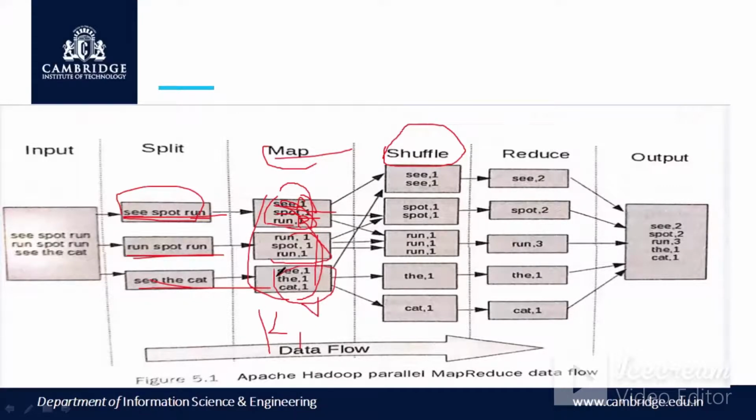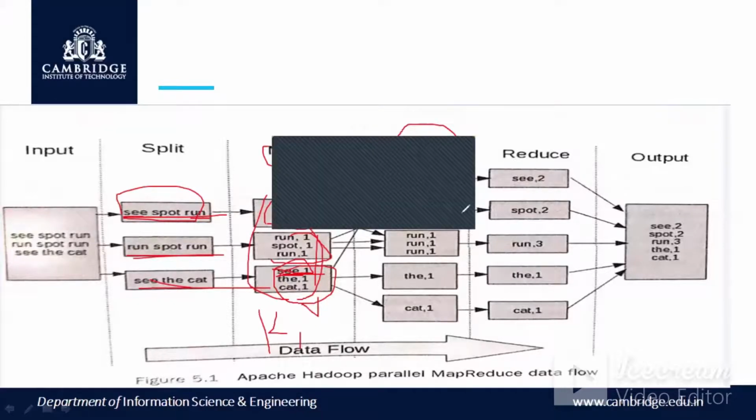The C and 1 has appeared in the third mapper, so it will take this key value pair C1 and put it into this shuffler. You can see the first shuffler has C1.